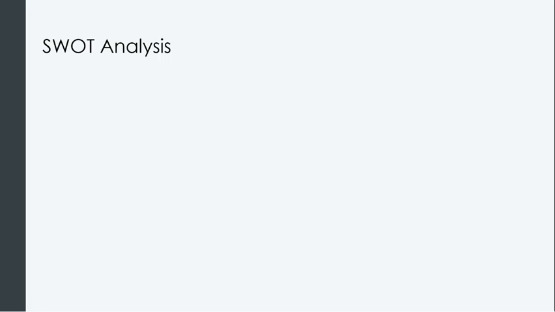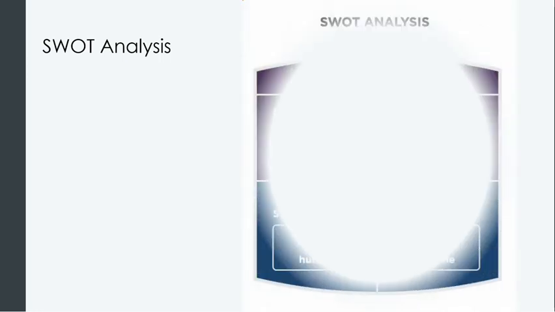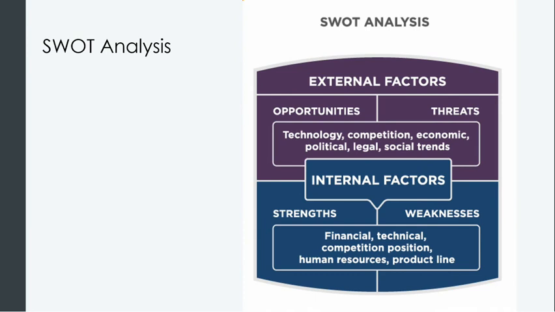Here is something called SWOT analysis, and this depends on external and internal factors. This acronym stands for strengths, weaknesses, opportunities, and threats. The external factors consist of the opportunities and threats, for example, technology, competition, economics, political, legal and social trends.